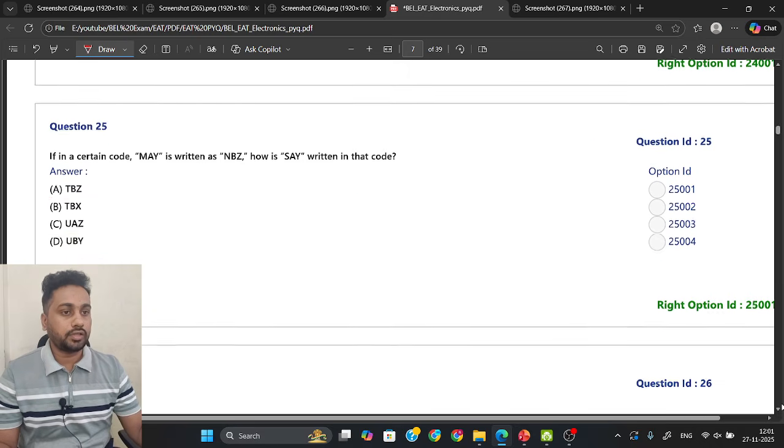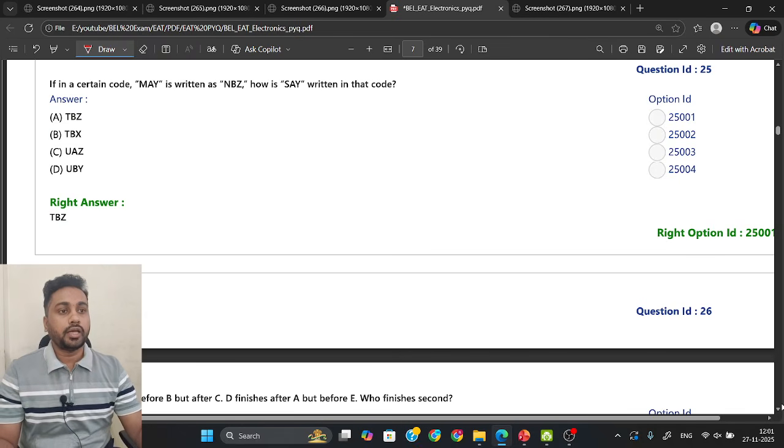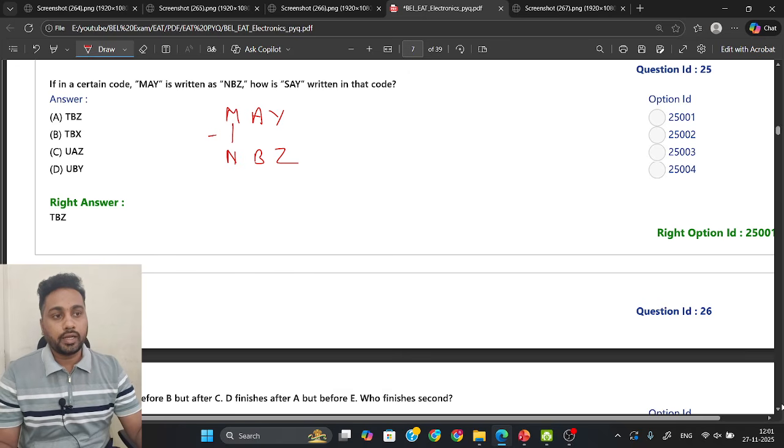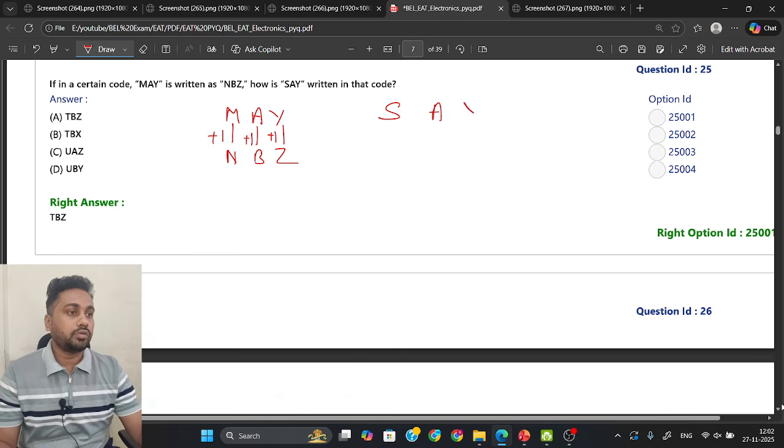In a certain code, MAY is written as NBZ. So after M, if you do plus one, you go from M to N. Then A to B, then Y to Z, like in the alphabet sequence. After M you get N, after A you get B, after Y you get Z. Now similarly we need to apply the same thing here.